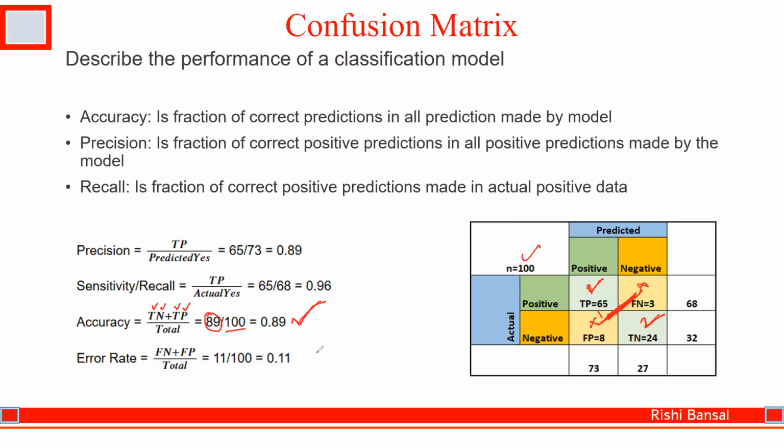So this diagonal is nothing but your error rate: false positive plus false negative divided by total readings. This is error. So accuracy plus error is total 100%. Very simple.